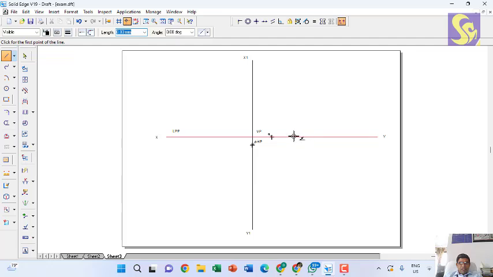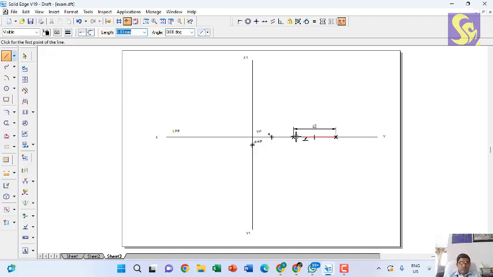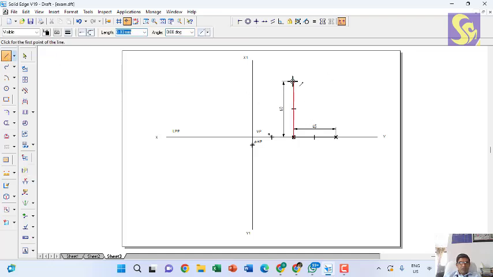Anywhere on the line I can start. I draw a line. So this length is going to be 45 and the height is going to be 60, and I'll have a width of 15.